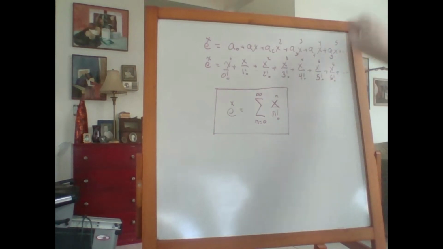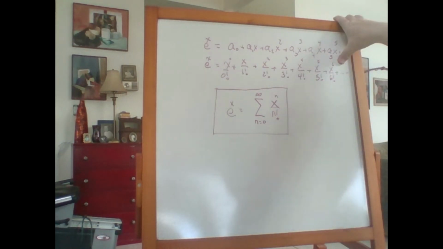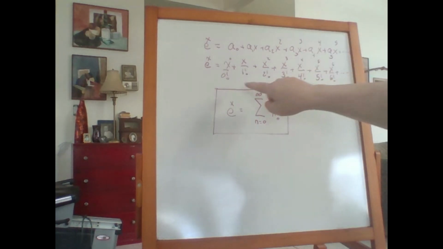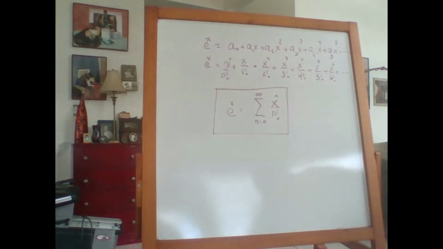This expansion, you're going to find that this works better. Some of these, what they call convergence. We talked about convergence with series and sequences. Some of these converge faster to the function than others.